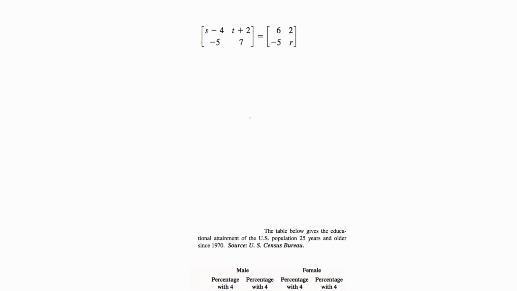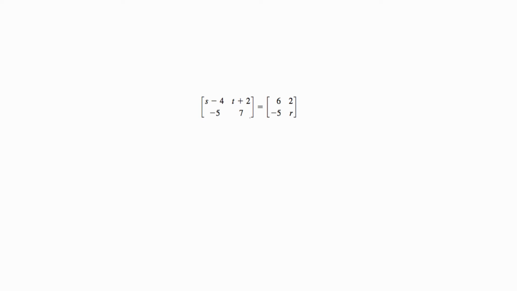So let's do this problem here, see if we really get this. It doesn't say anything, but I'm going to solve this. I'm going to find S and T that make this a true statement. When we say two matrices are equal to each other, it means that their components are equal. So we must have S minus 4 is equal to 6. We would have to have T plus 2 is equal to 2.